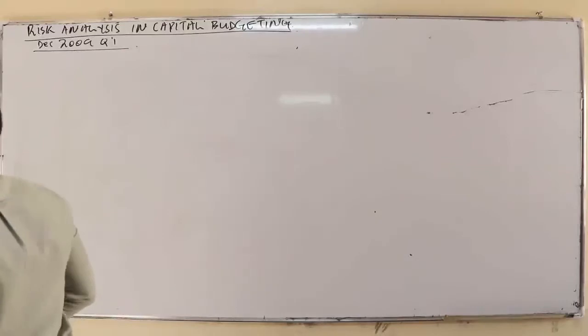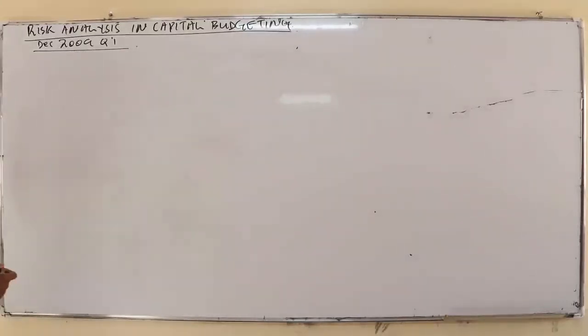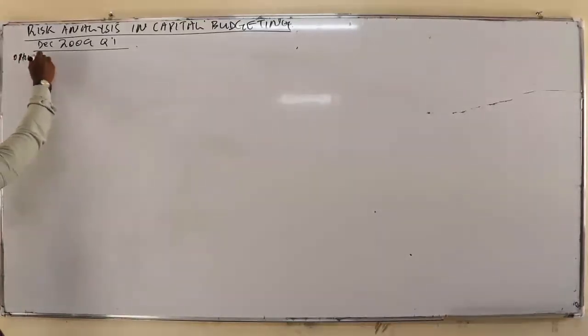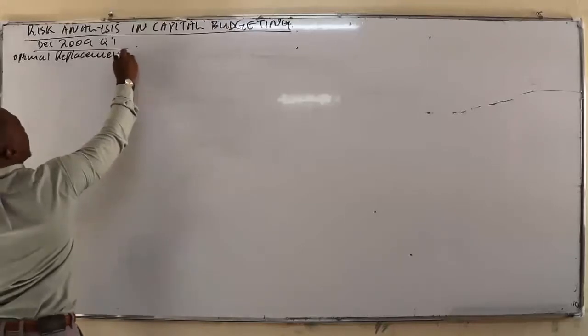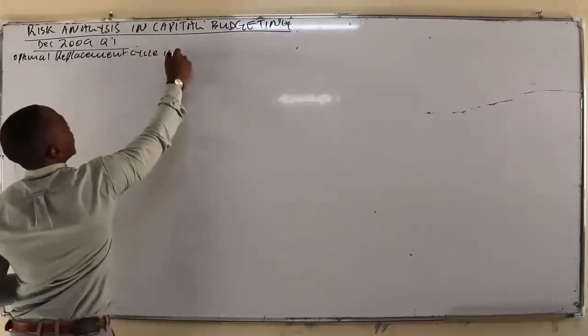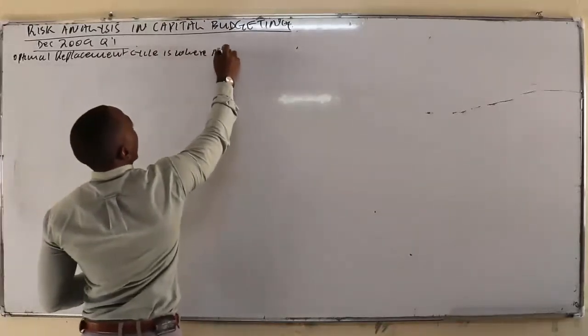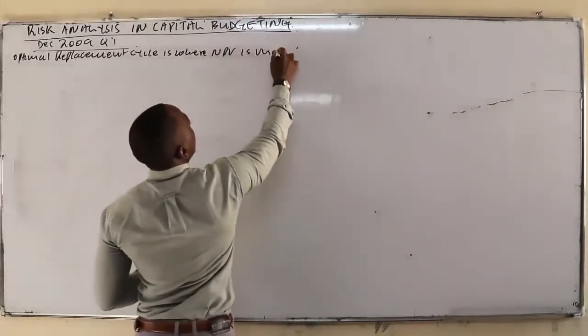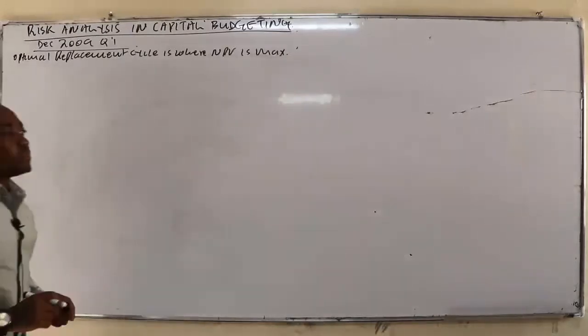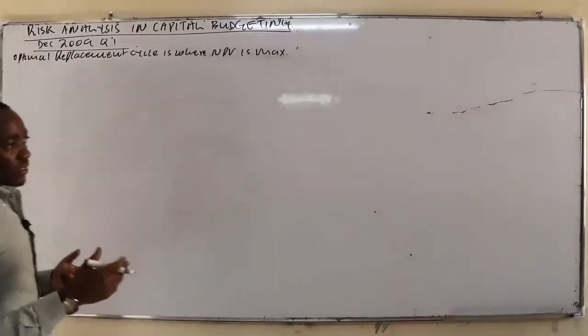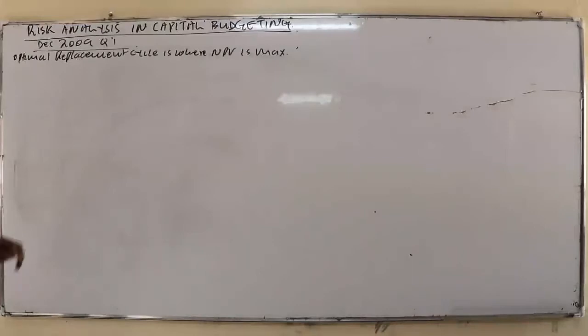Now, under replacement analysis, when determining the optimal replacement cycle, the optimal replacement period is where the NPV is maximum. In this case, you are given 3 years. It's all about determining between the NPV of year 1, year 2, and year 3, which one is the maximum.